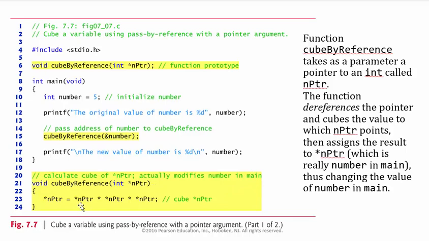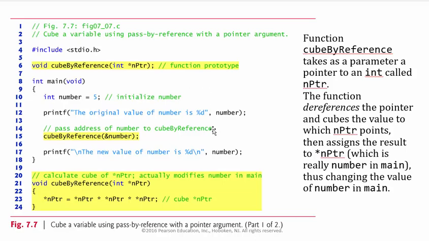In this line of code, I take the thing that I'm pointing to, with the extra asterisks here, and I'm cubing it. So the thing that I'm pointing to times the thing that I'm pointing to times the thing that I'm pointing to. It's all at the same address. And then whatever that calculation result is, I assign it back into that same location with this assignment operator to a pointer pointing to a certain location where it's stored.